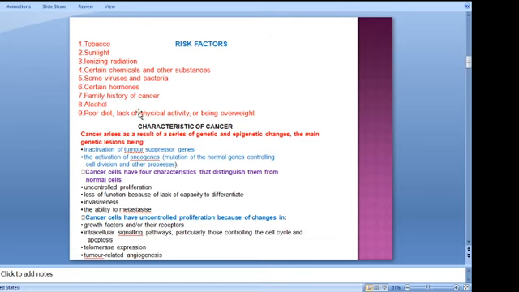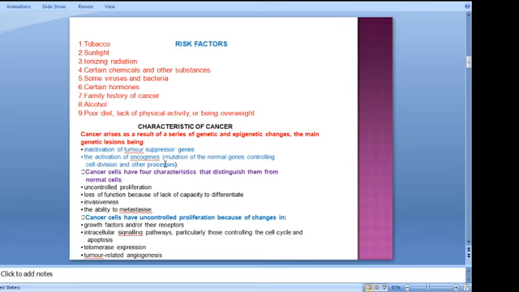Now we can see the characteristics of cancer. What are the basic characteristics of cancer? Cancer arises as a result of a series of genetic and epigenetic changes, the main genetic lesions being inactivation of tumor suppressor genes and activation of oncogenes. What do you mean by oncogenes?